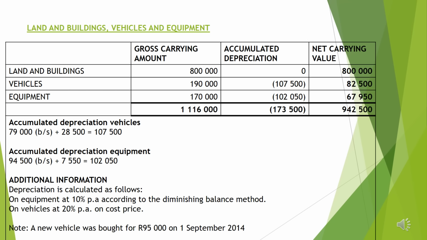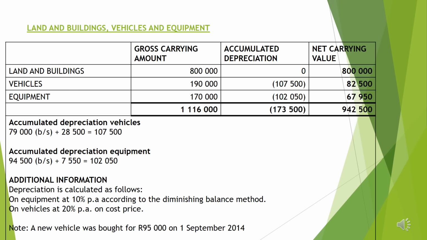Then let us look at your vehicles. How did we get this 16,000 rands? Now we are going to go to your historical cost at the beginning, which is the historical cost at the end minus 95,000 rands. You need to understand one thing here. This pre-adjustment was given to us at 28 February 2015, meaning that this historical cost is inclusive of this new asset that was bought during the year on the 1st of September.